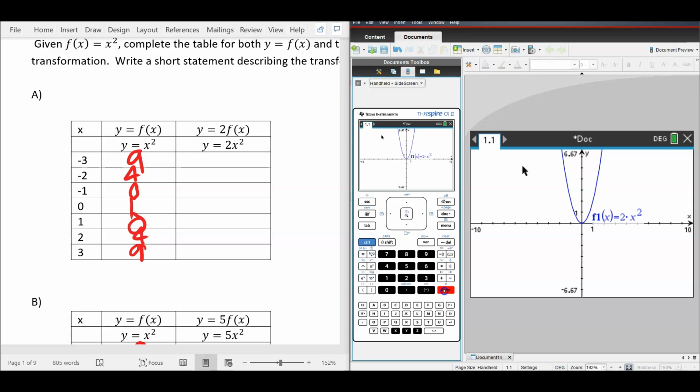Where's your notes? Okay, can you get it out, please? I can help you if you're stuck, but we need to be on the same page. So on this one, you can fill it in 9, 4, 1, 0, 1, 4, 9, and then that's the one you're going to do.